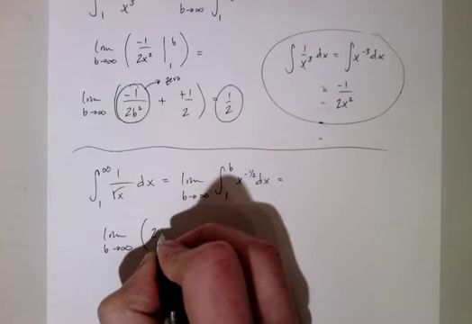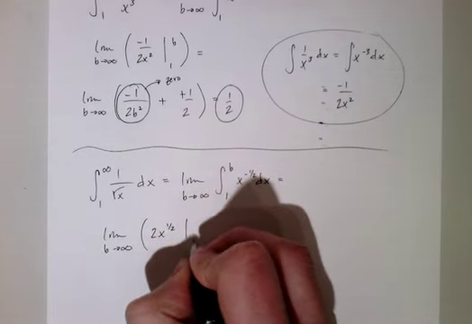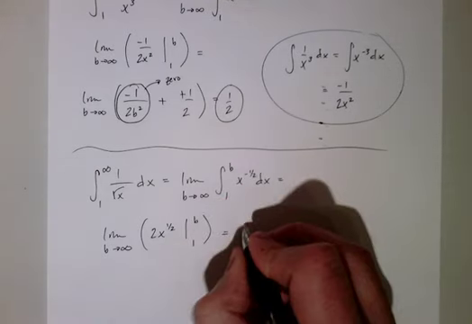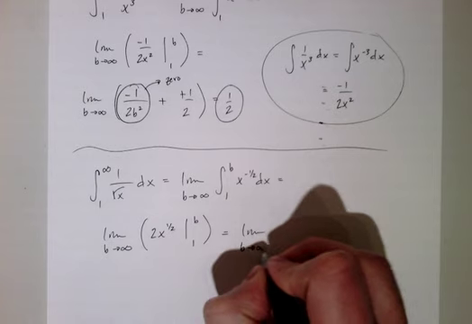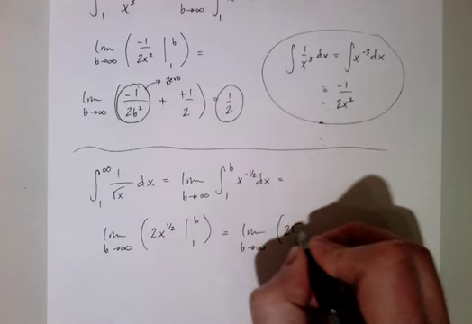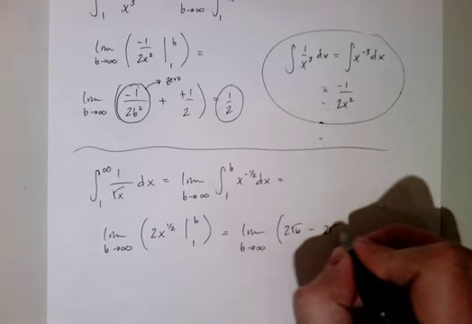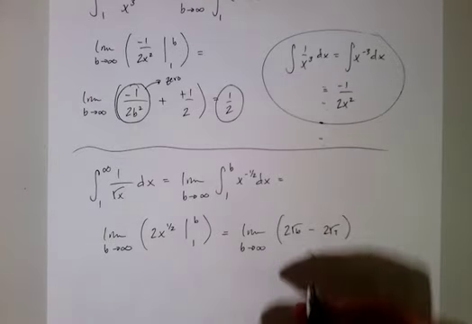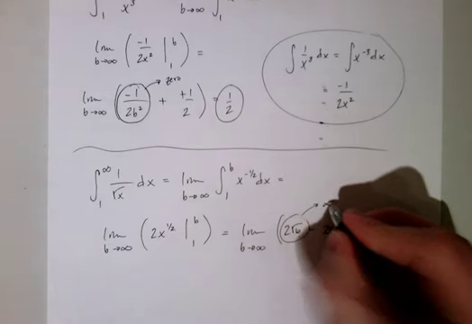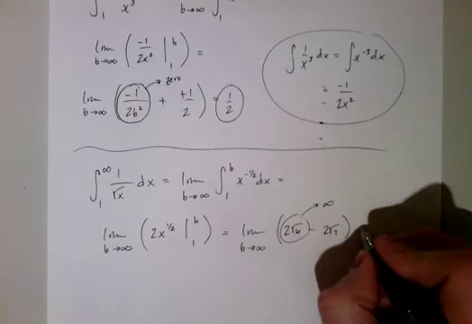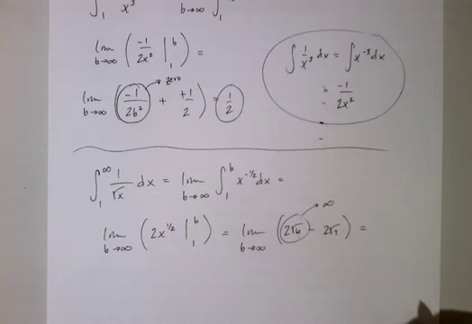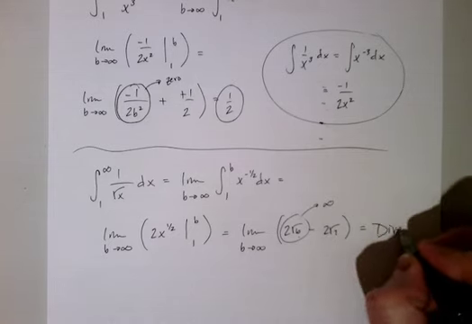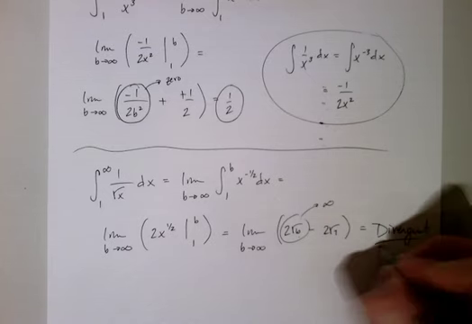I'm going to get 2x to the 1/2 from 1 to b. Therefore I'm going to get the limit as b goes to infinity of 2 root b minus 2 root 1. When I plug in infinity for that, this goes to infinity. This does not converge to a known finite number. It actually is what is called divergent.